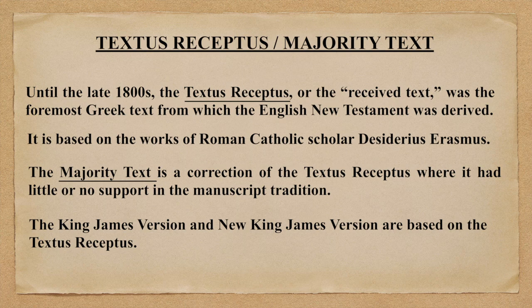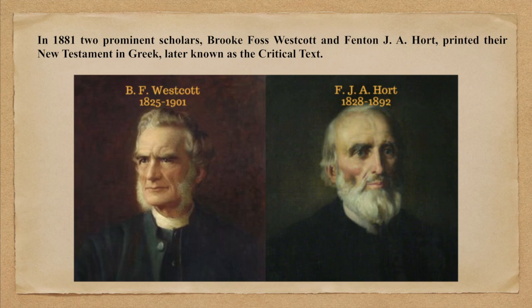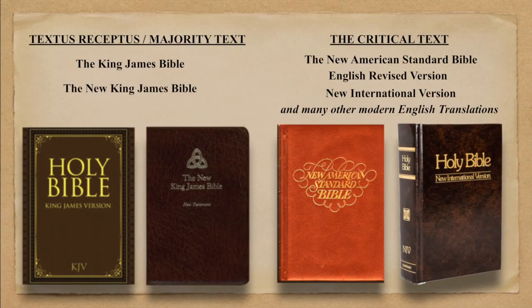The King James Version and the New King James Version are based on the Textus Receptus. In 1881, two prominent scholars, Brooke Foss Westcott and Fenton J.A. Hort, printed their New Testament in Greek, later known as the Critical Text. As a result of Westcott and Hort's work, their Critical Text became the standard Greek text used for modern translations of the English New Testament, other than the King James Version and the New King James Version.